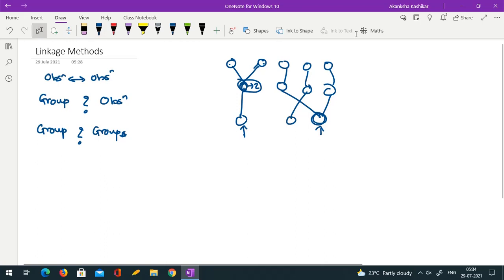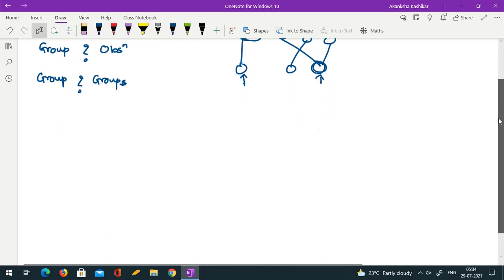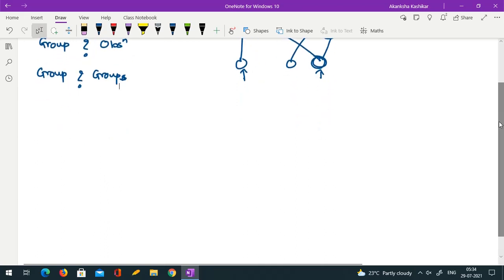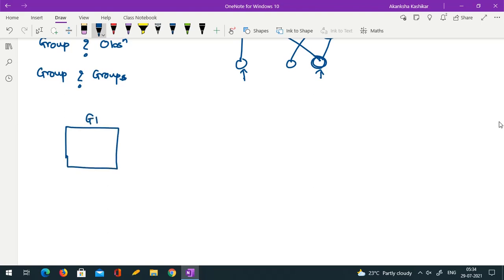Again, there are various linkage methods, but we'll be seeing only a few of them which are widely used. First, let us talk about what we have. Suppose I have one group, let's say G1, and another group, G2. Suppose I have three objects in group 1, let me call them A1, A2 and A3, and two objects in group 2, B1 and B2.